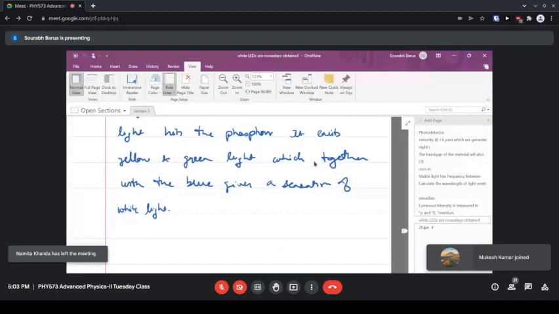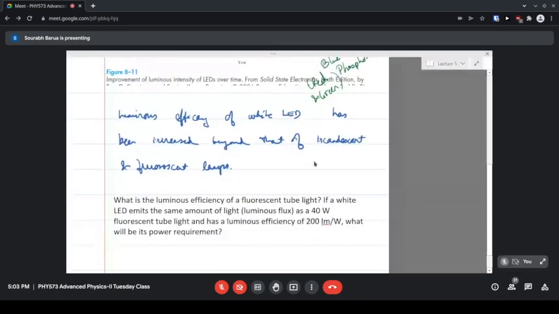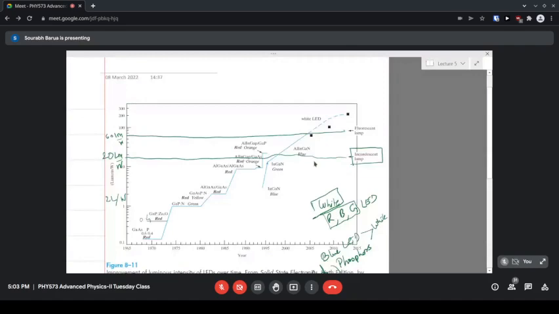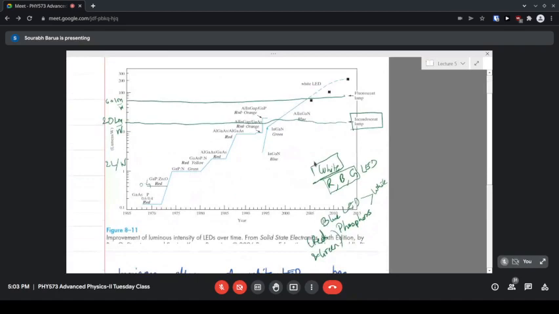Okay, so there is one question here, which I made myself. What is the luminous efficiency of a fluorescent tube light? I think that I've already answered. What is the fluorescent lamp's luminous efficiency?